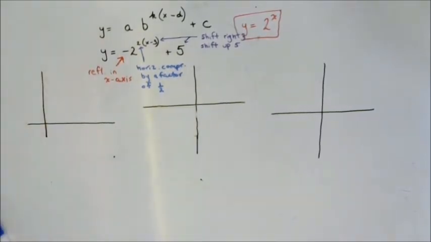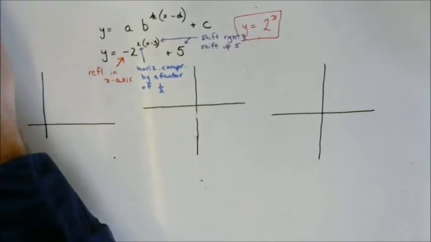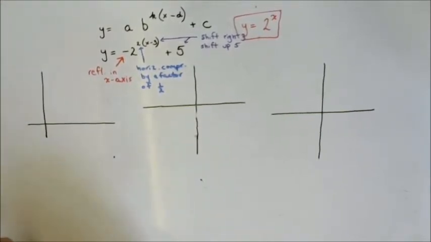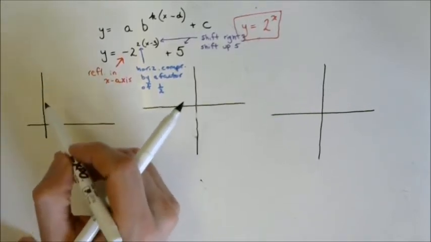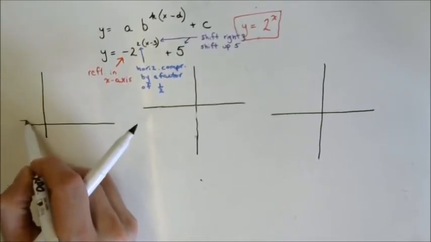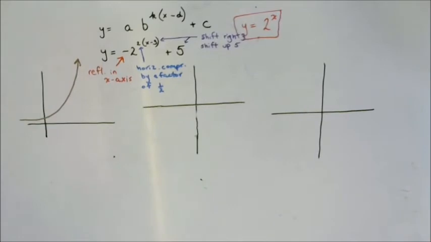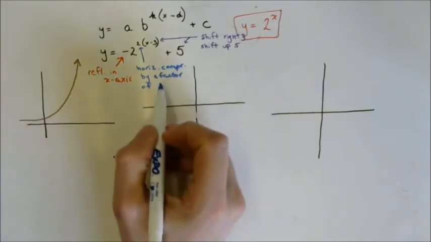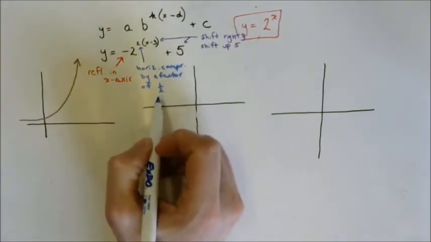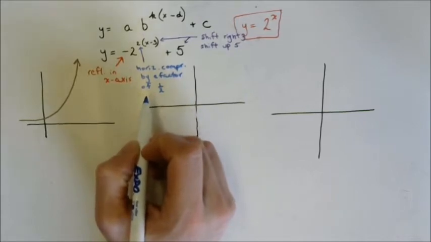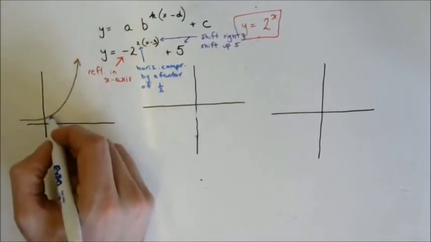All right, so step by step we're going to make that happen on our graph. I'm going to draw our parent function, y equals 2 to the power of x, to the best of my ability. It's going to look something like this. And the first thing that we're going to apply is the horizontal compression. So we've got our blue here. We're going to do a horizontal compression by a factor of 1/2. That means every single point along this curve is going to be pulled in to half the distance from the y-axis.